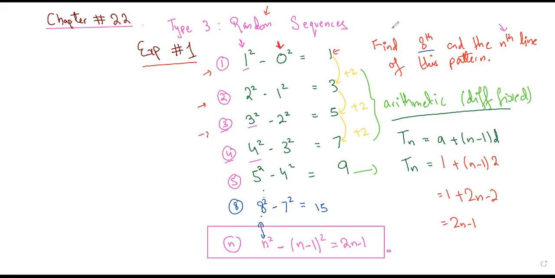And the question was: find the eighth and the nth line of this pattern. The eighth line would be found by finding the nth line. For the first line, it was 1, at the second line, it was 2, so for the nth line, it would be n square. Okay, just give me 1 second, please. I will get back to you.